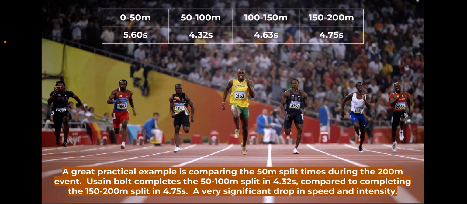So from 50 to 100 meters, he can complete that 50-meter part in 4.32 seconds, whereas the next 50 meters jumps by 0.31 seconds. A third of a second it takes longer for him to cover that 50-meter section. This is a very significant drop in speed and intensity, and this could be a significant difference between optimal output or winning the race.